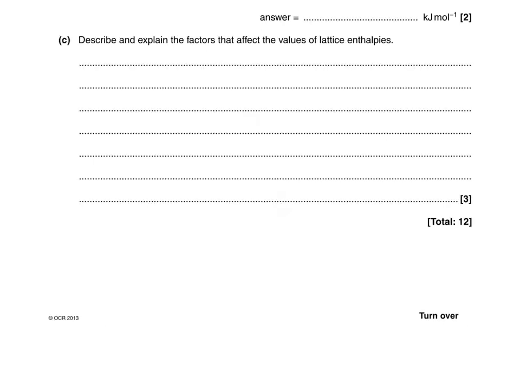Okay, this question is essentially asking you about what affects the strength of ionic bonding. So we did this all the way back in Unit 1, really, and the 2 factors that we need to be thinking about are ionic size.